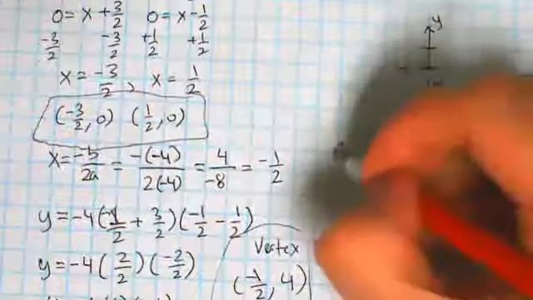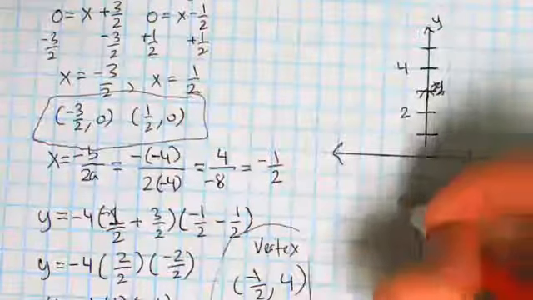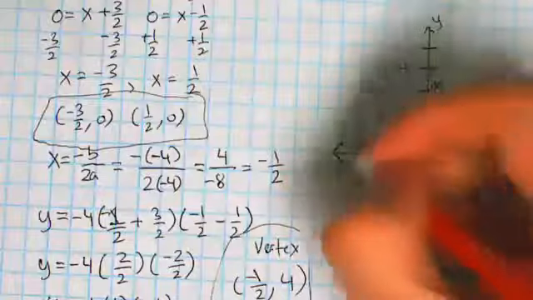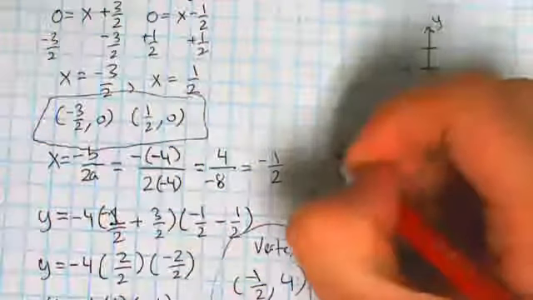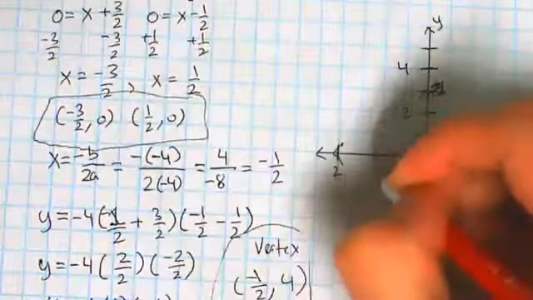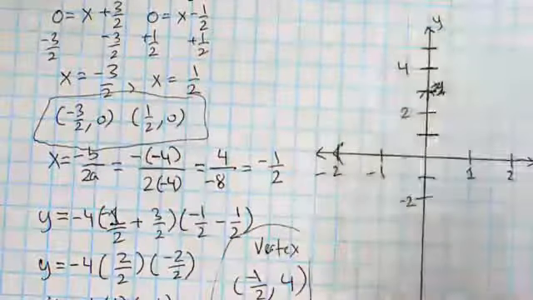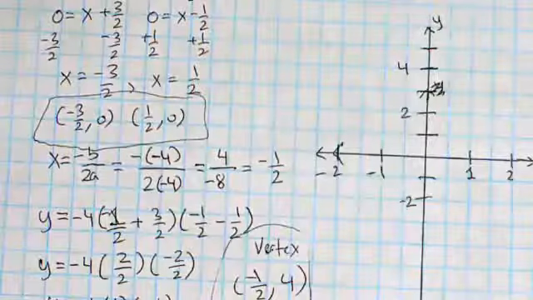And then in the negative x direction, we have 1, 2. I got to extend this one a little bit too. That should be negative. Yes, this is -1 and -2. So let's go ahead and plot our points.